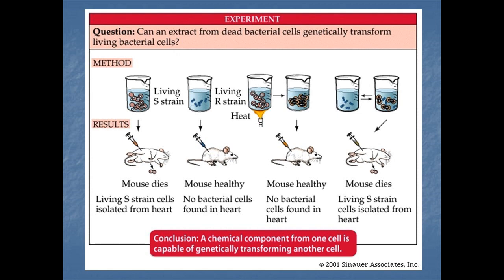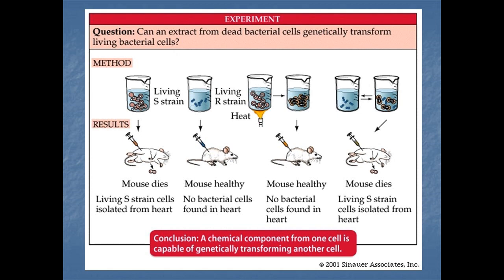The R strain is the rough strain and is not pathogenic. When he injected the S strain, the mouse died, and living S strain cells were isolated from the heart. When he injected the living R strain, which is non-pathogenic, the mouse stayed healthy and no bacterial cells were found in the heart.